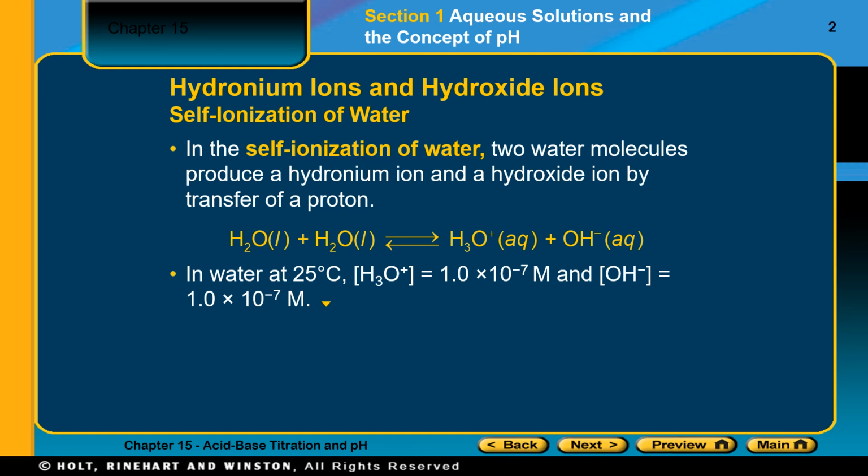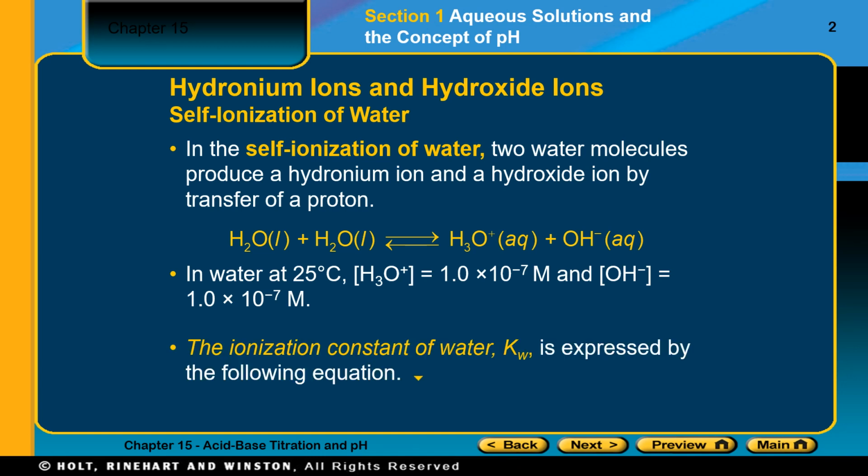Remember, the capital M stands for molar, moles per liter. And the hydroxide ion concentration is also 1.0 times 10 to the minus 7 molar. As we look at the equation above, when self-ionization occurs, we're getting an equal number of moles of hydronium ions as we do of hydroxide ions. So the concentration of these two in pure water will be exactly the same.